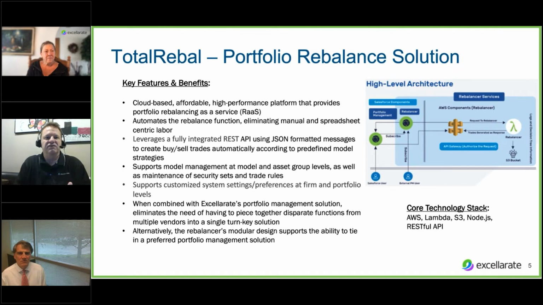It performs that rebalancing according to various trade rules that can be customized and set up as preferences in the system. It is able to rebalance at different levels: the household level, the account level, the portfolio level. And when it's combined with our solution, it provides a turnkey solution that runs right on top of Salesforce. So that's a little bit about our rebalancer.